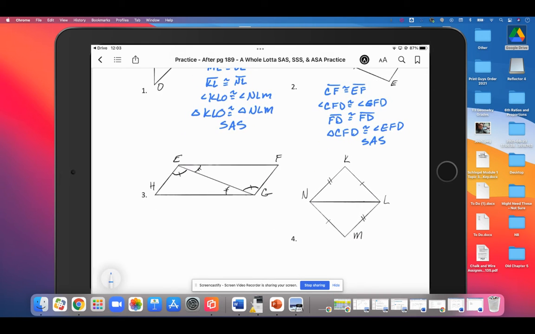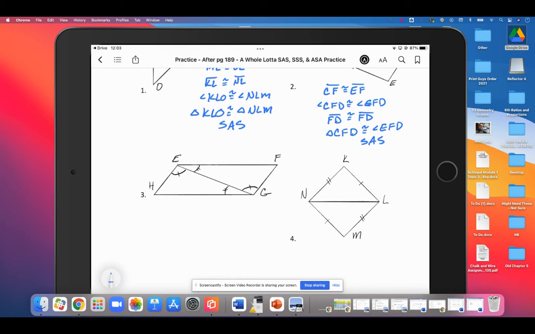Number 3, I will have angle HEG is congruent to angle FGE. I also see that angle FEG is congruent to angle EGH, or actually HGE is another way to say it.